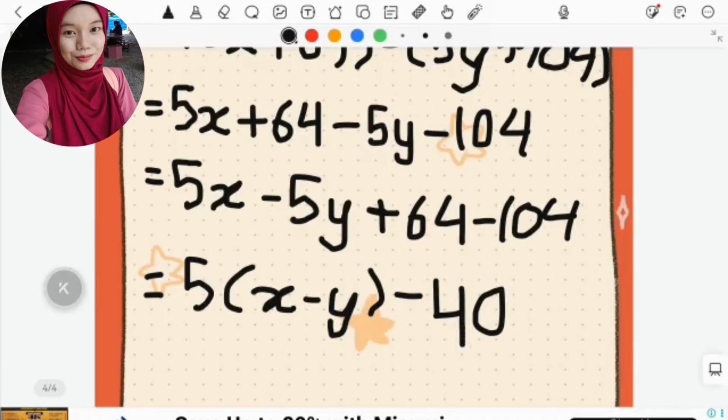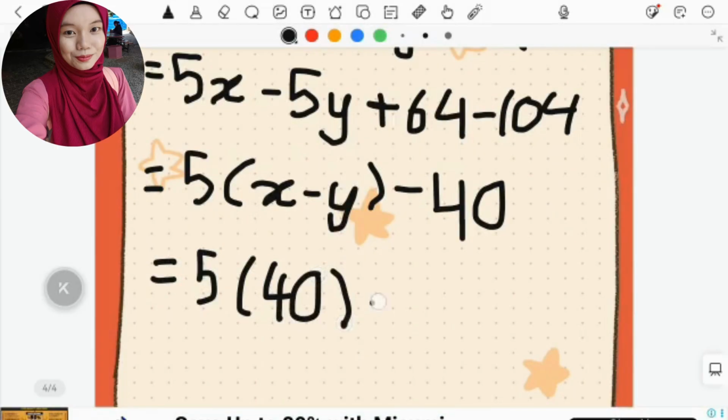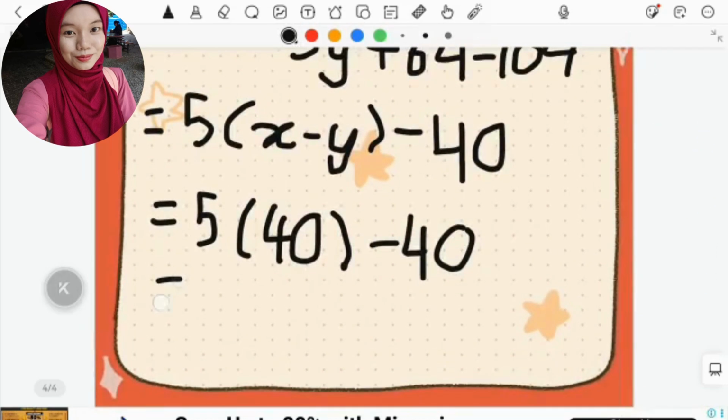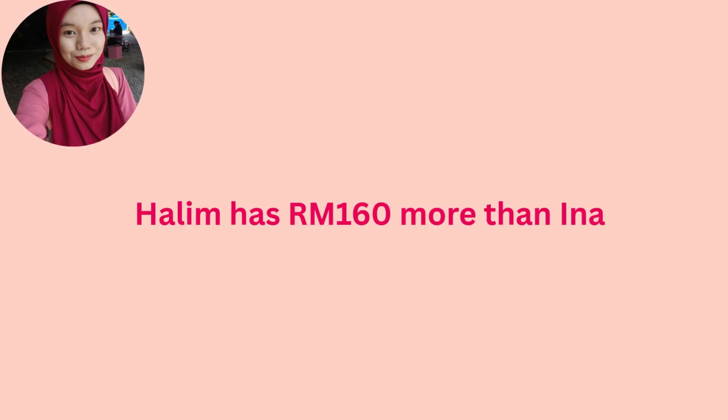So we substitute that value in. Now it becomes 5 in bracket 40 minus 40. 5 multiply 40 equals to 200, and then minus 40, and then we get 160. So Halim has 160 ringgit more than Ina.